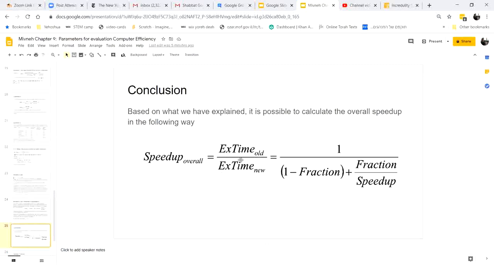How many times can I do the new thing in that? So I divide the old time by the new time. That's how much faster. In that same 20 minutes, I can do the 10 minutes twice. The 10 minutes of the new execution time goes in there 2 times. 20 divided by 10 is 2. So the speed up is 2.